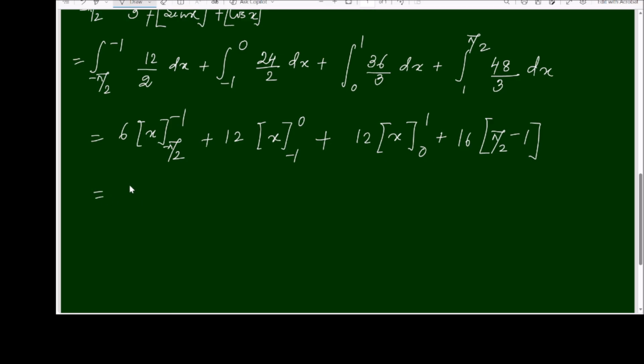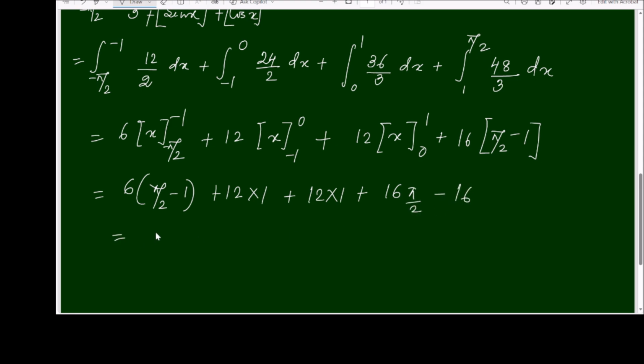This value will be 6 into pi by 2 minus 1 because it will be positive, 12 into 1, 12 into 1, plus 16 into pi by 2 minus 16.